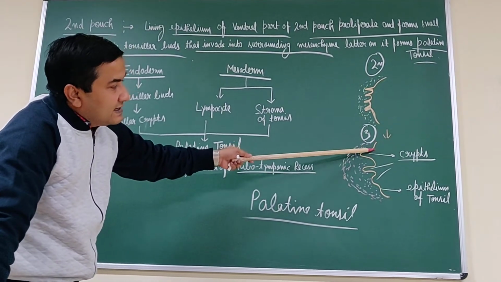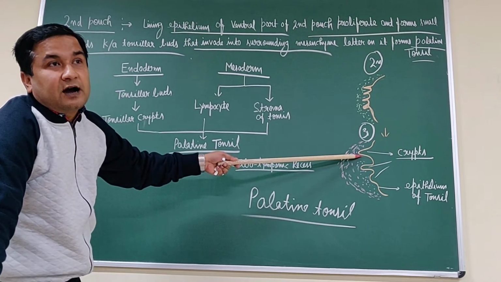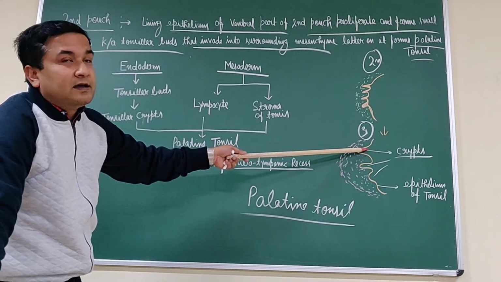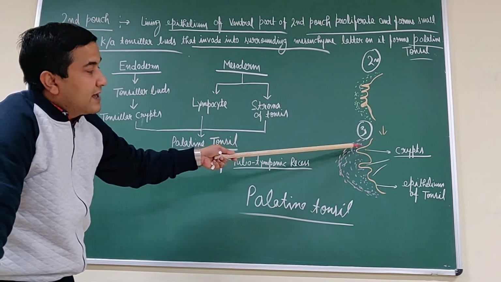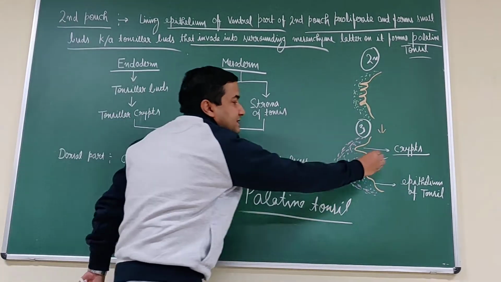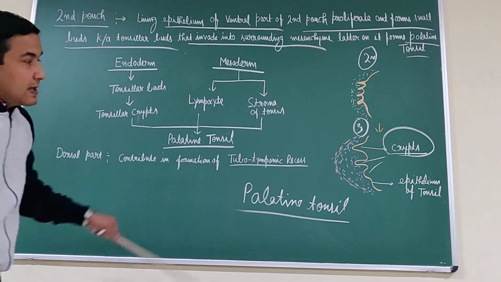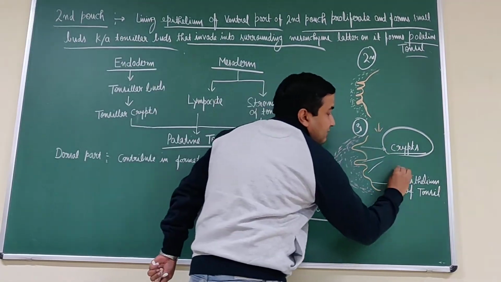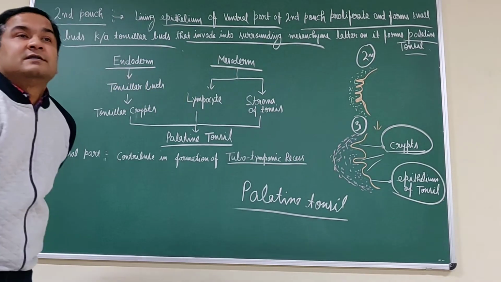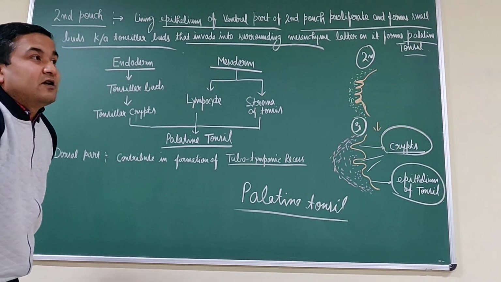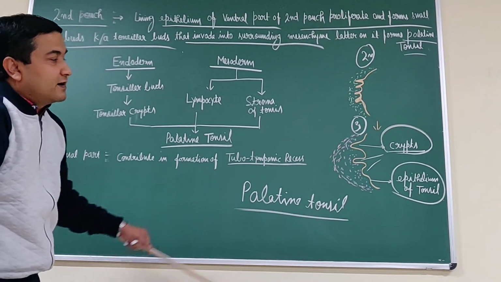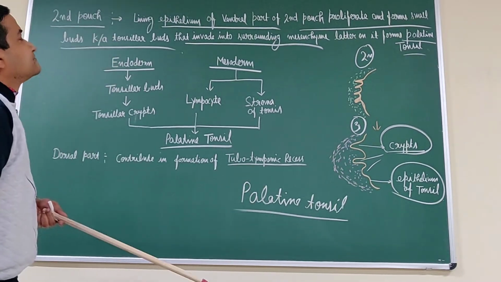Now they canalize, or we can say the central part undergoes atrophy, and they form the crypts. These are the tonsillar crypts. This epithelium forms the epithelium of the tonsils, which is non-keratinized stratified squamous epithelium.